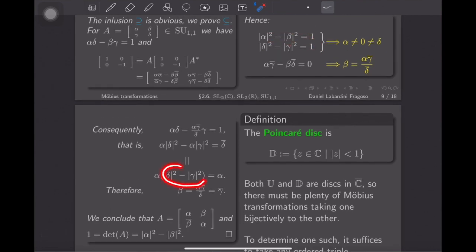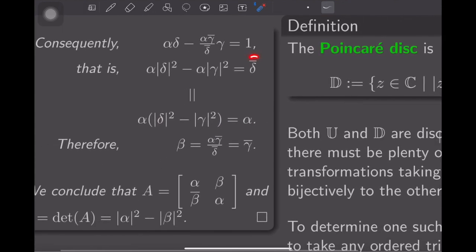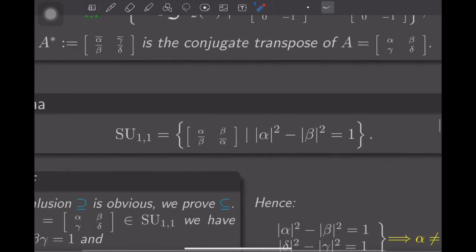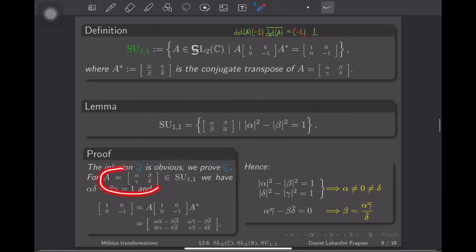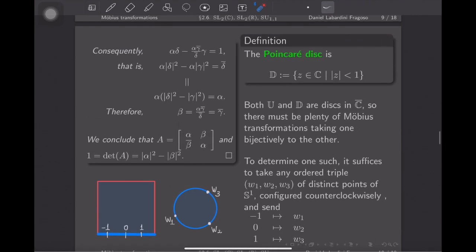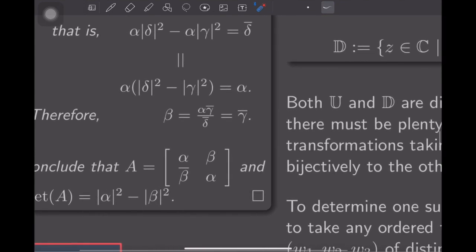So this is actually just alpha. And what I obtain is that delta conjugate is just alpha, which is something I wanted, right? Because from here I want to arrive at this one is conjugate of this one. Okay, so that's one desired thing.